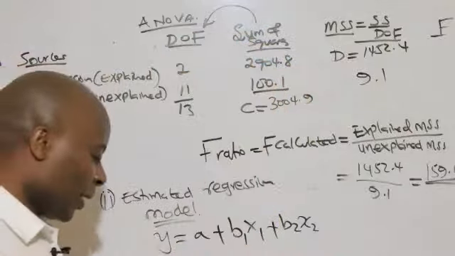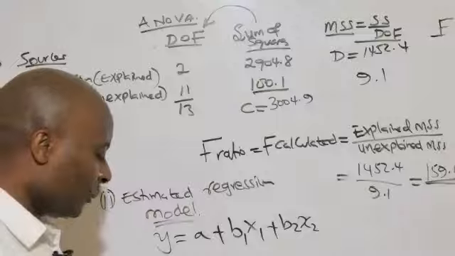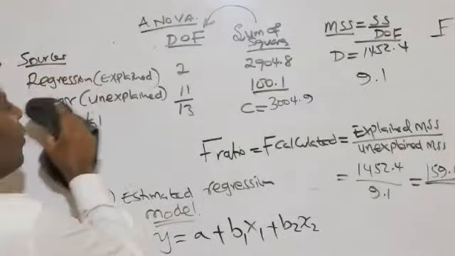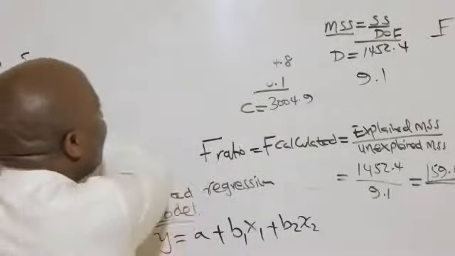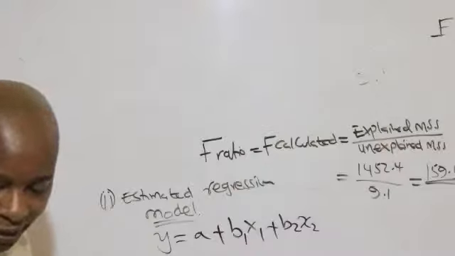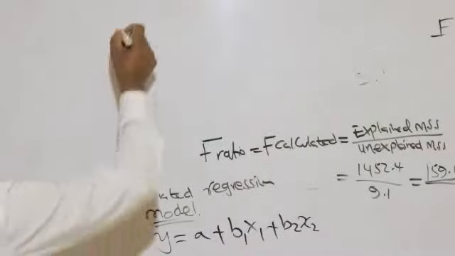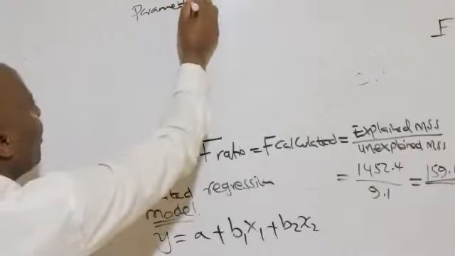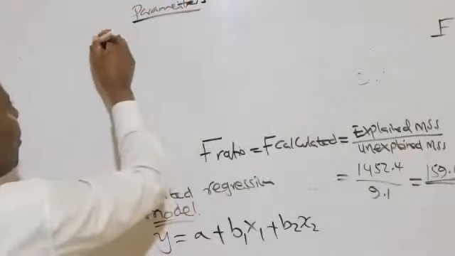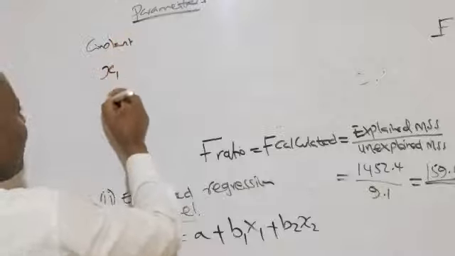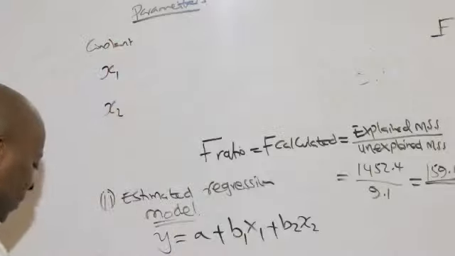Now, ladies and gentlemen, listen to me very well. The first table is the one that has the parameters. These parameters: we have the constant, the parameter for x1 and the parameter for x2.